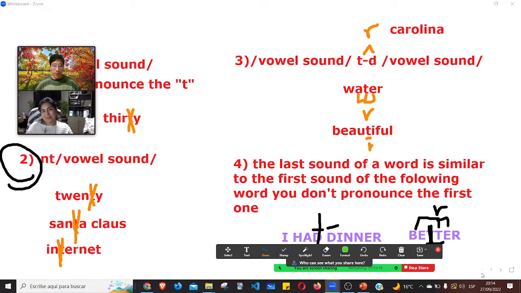Do you want to copy the previous one, this one, or are you finished? Okay, don't worry. Take your time. Let me know when you finish.